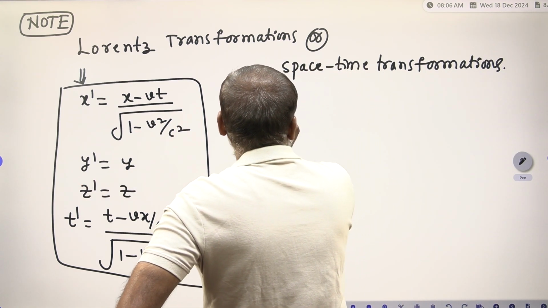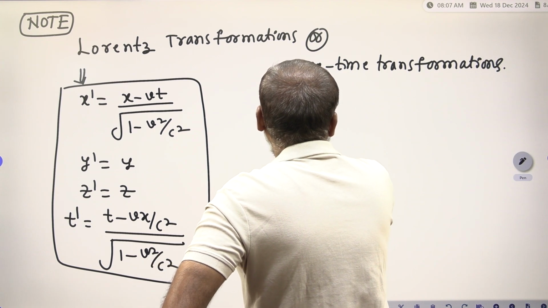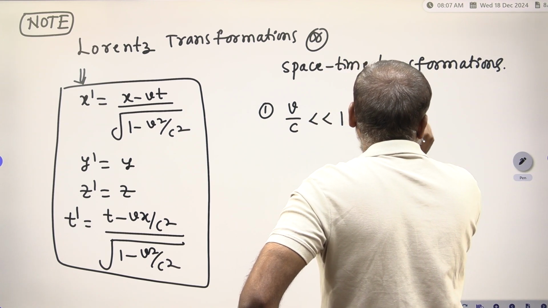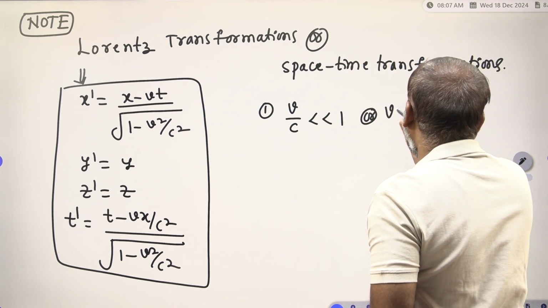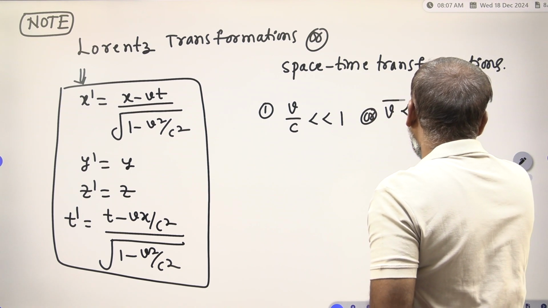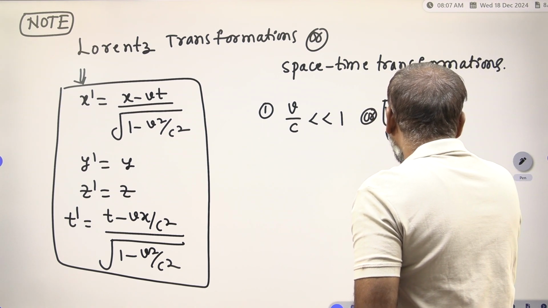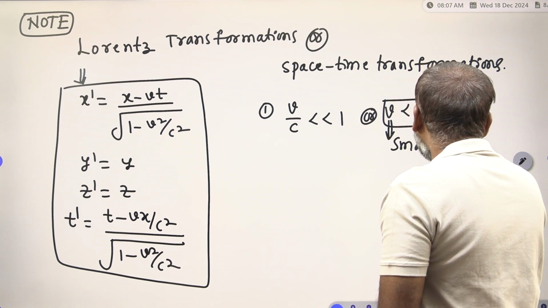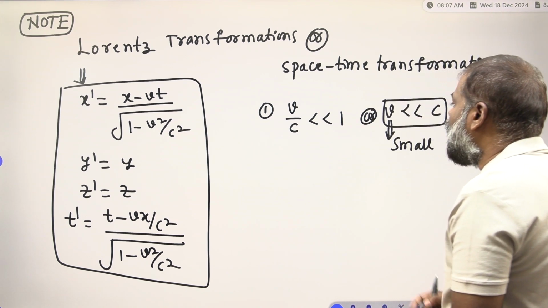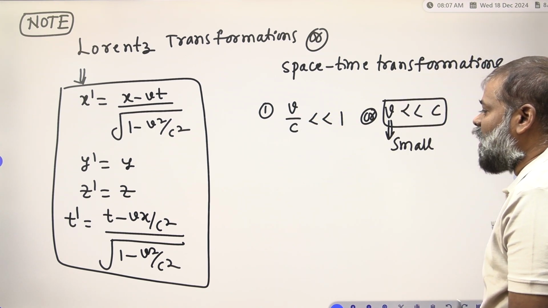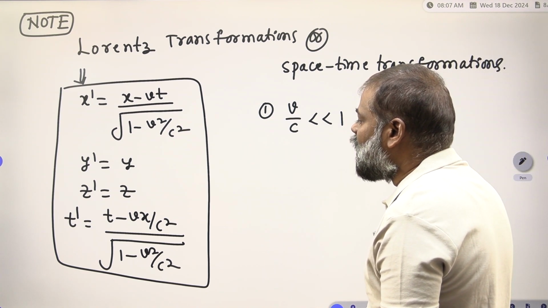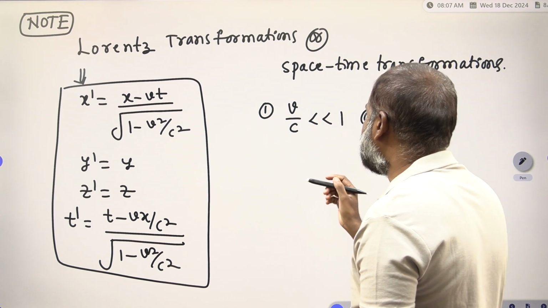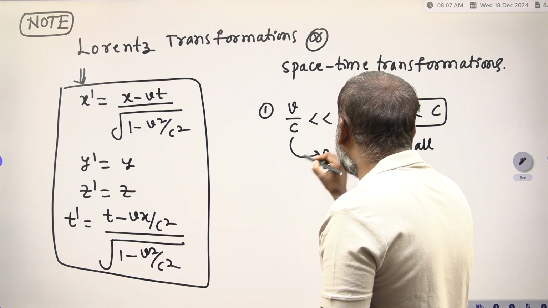Suppose the first condition is v by c is less than 1, or v is less than c. This means the velocity of the s dash frame is very small. Considering v by c less than 1 means it tends towards 0.